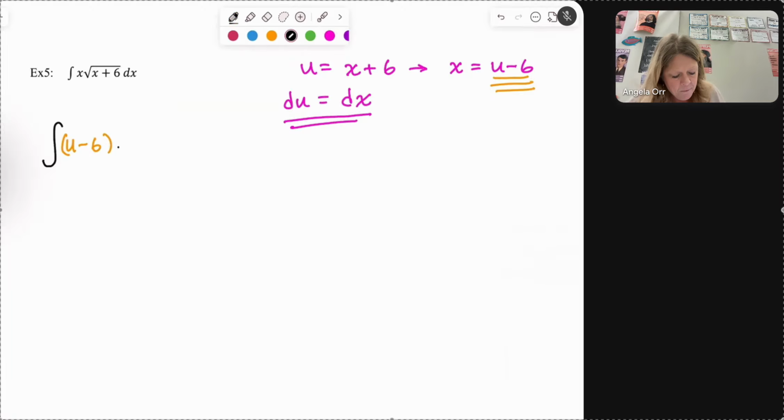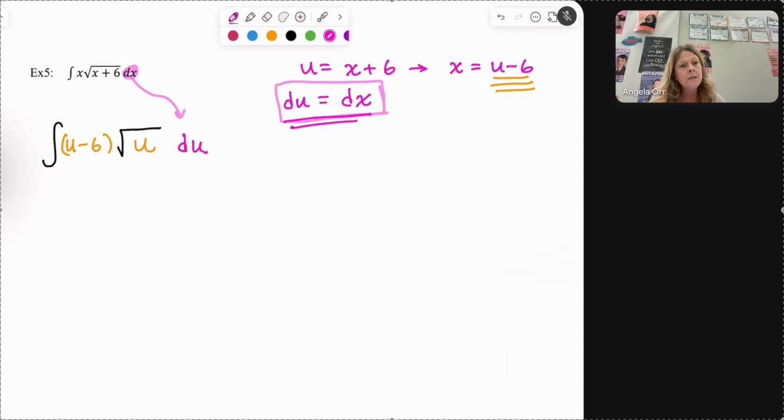Instead of the square root of x plus 6, I am going to set x plus 6 equal to u. And we also know that dx is equivalent to du, so instead of dx, I will substitute du.